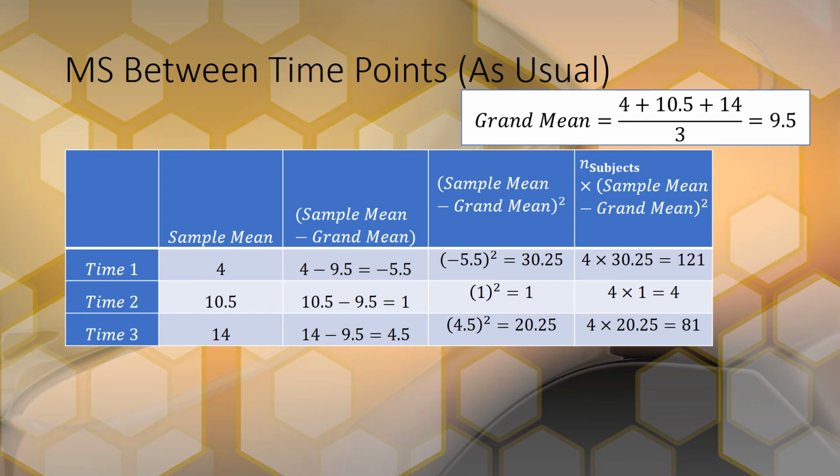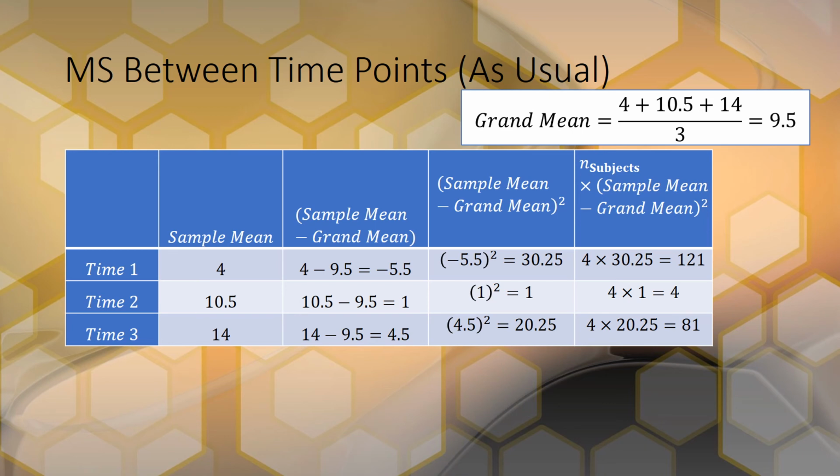So you would be taking the sample mean minus the grand mean for each of those, but you need to do it for each observation. I know it sounds a little weird, but you're doing it for each observation, like when you calculate the mean squared within in the between subjects ANOVA.